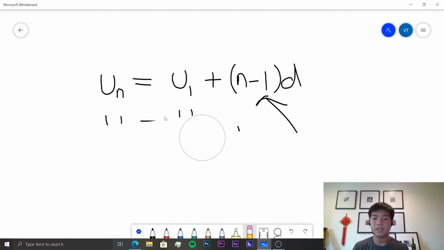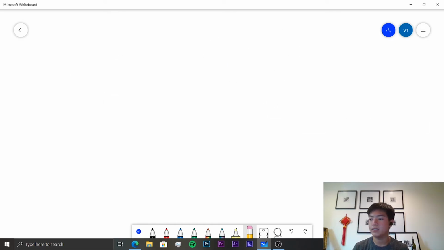Okay, now that we've got that covered, the other thing we need to know before we start on the challenges is how to find the sum of an arithmetic series. To get the sum, which we label S_n, of an arithmetic sequence, we can write the sum of this sequence until this term.